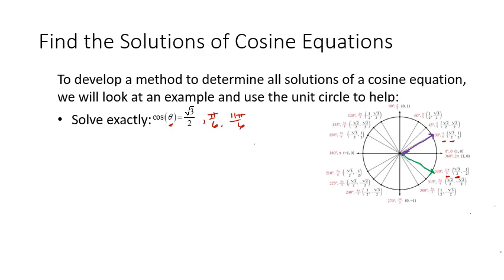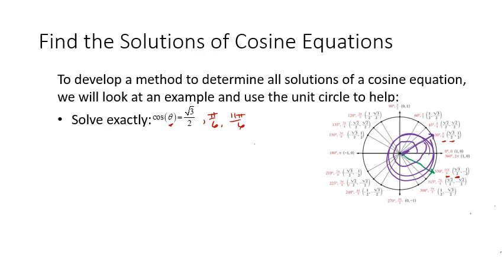For example, if I went around 2 pi and then added pi over 6, I would still be at root 3 over 2. If I went 4 pi and then went to pi over 6, I'd still be at root 3 over 2. And the same thing happens for 330 degrees or for 11 pi over 6.